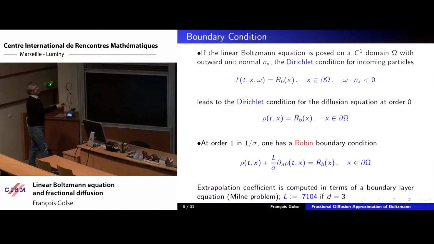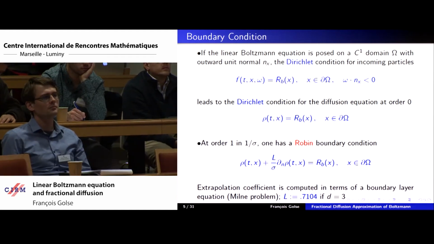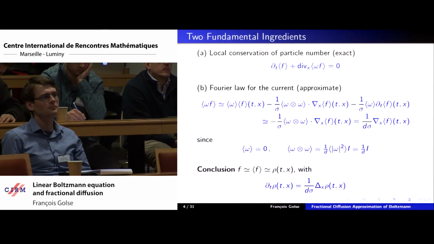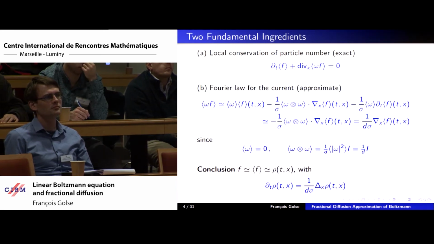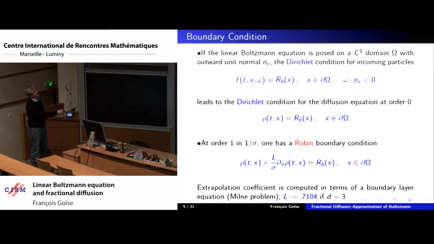If you prescribe this to be equal to a given density that you choose to be isotropic, independent of omega, Rb of x, then to leading order, not surprisingly, the boundary condition for this diffusion equation is going to be the Dirichlet condition rho equals Rb on the boundary.